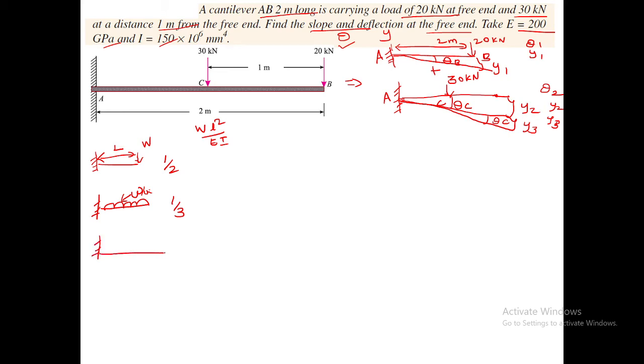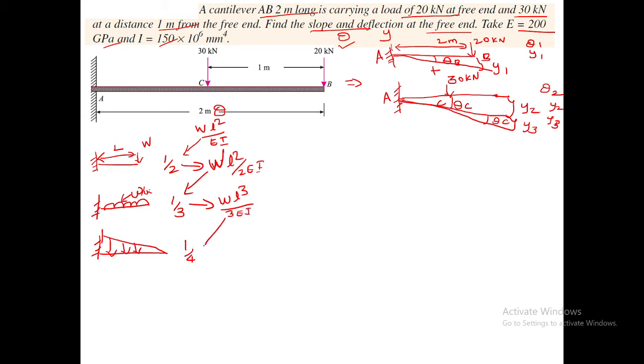Next one is uniformly varying load. Multiply with this one and you can get WL square by 2EI. Multiply this one and you can get the slope of uniformly distributed load, WL cube by 3EI.